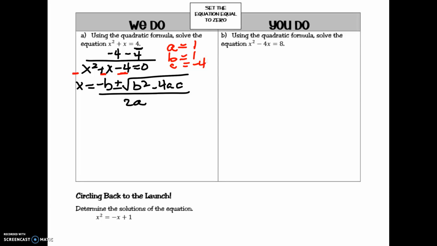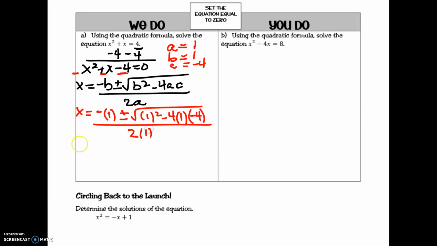When I substitute into this equation, I need to make sure that I substitute in parentheses. So x equals negative 1 plus or minus the square root of 1 squared minus 4 times 1 times negative 4, all over 2 times 1.